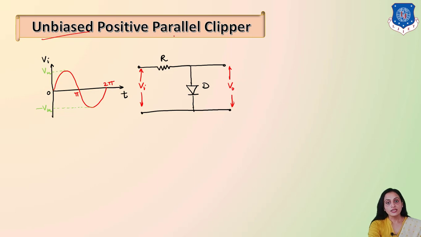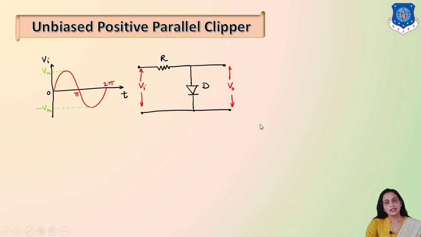This is referred to as a parallel clipper because the diode is connected in parallel with the output, or rather we can say we are taking output in parallel with the diode. That's why it is called the parallel clipper. And it is a positive clipper, which shows that the positive portion of the input signal will be clipped off at the output. That we will see after analysis when we plot the output waveform for this particular circuit.